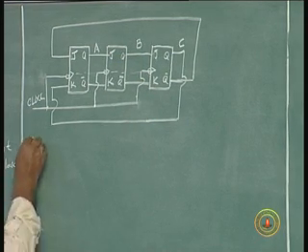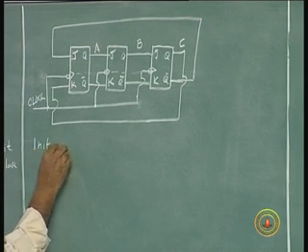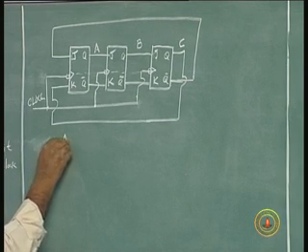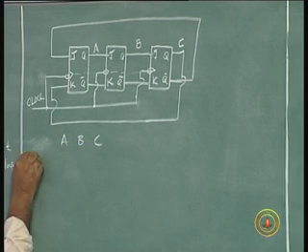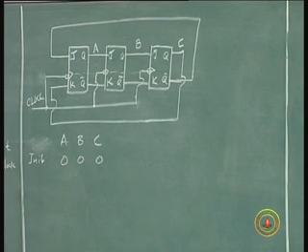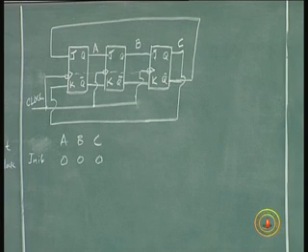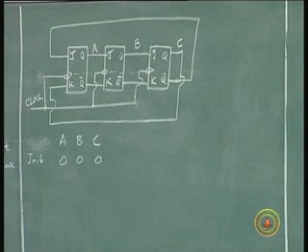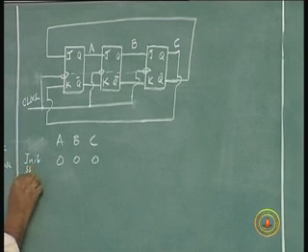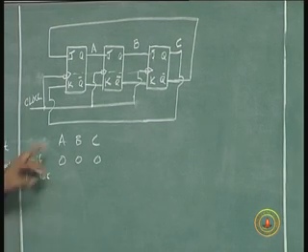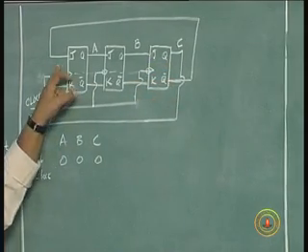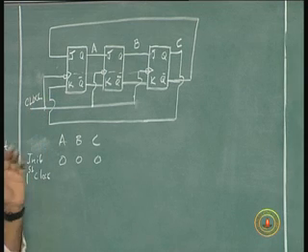Now let us say initially, and now after the first pulse, because C is zero, C bar which is 1 is connected to J, J becomes 1 and K becomes 0 after the first clock pulse, right.